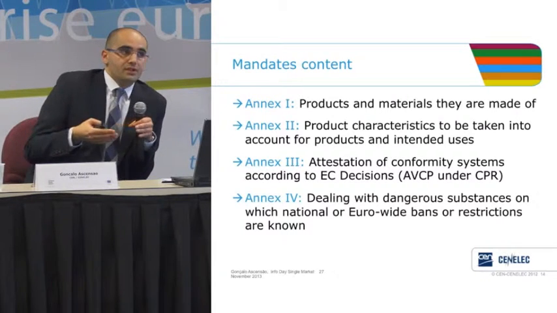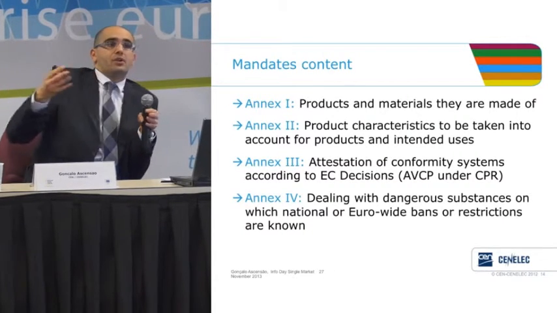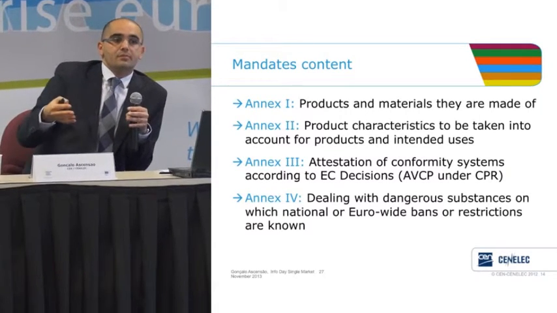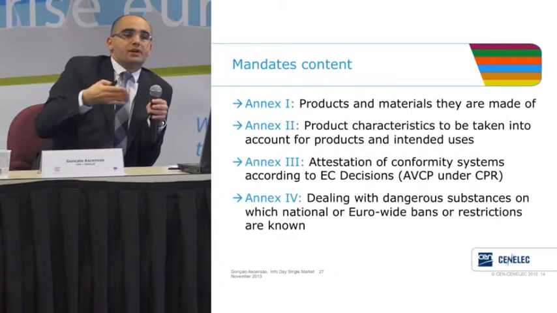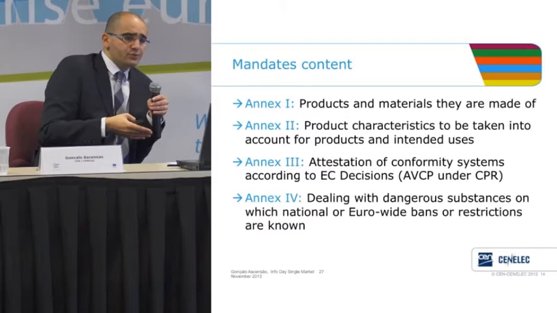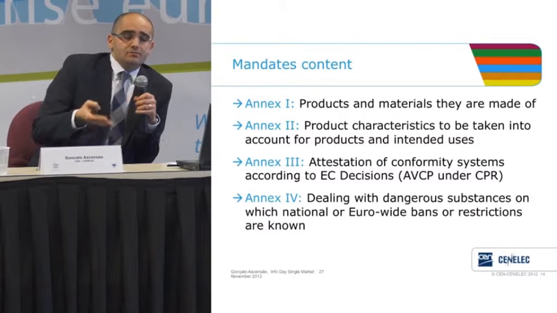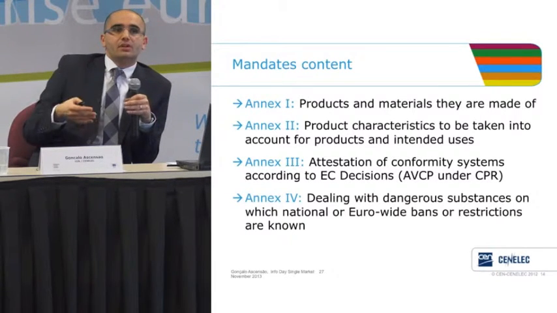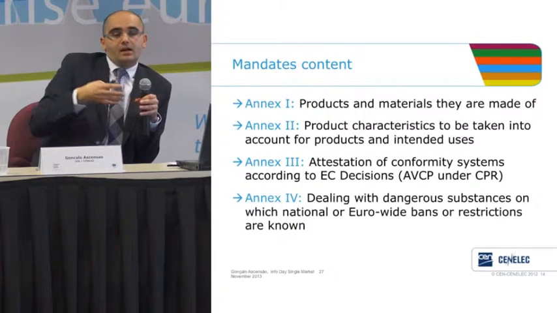So saying, for instance, for a structural product, we have to consider mechanical resistance. So this is the type of information or characteristic that you will have in Annex 2. In Annex 3, it says what is the system that this family of products are covered by.